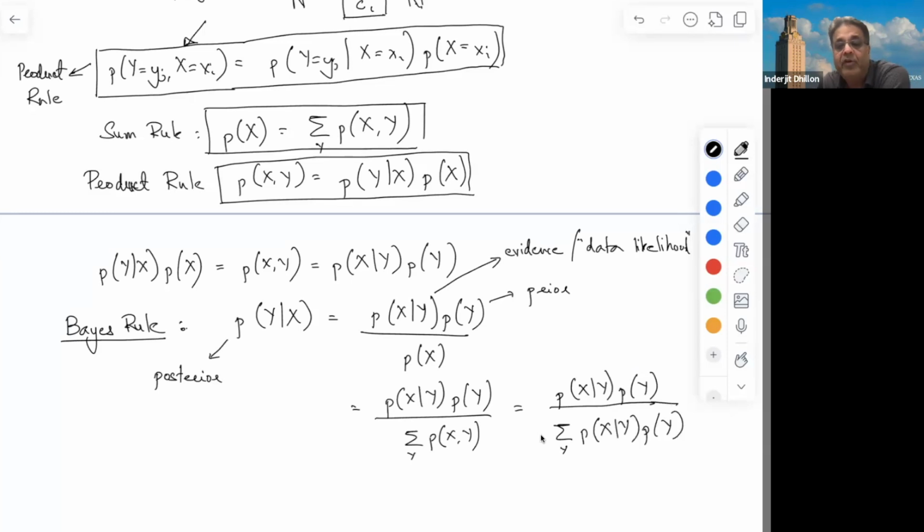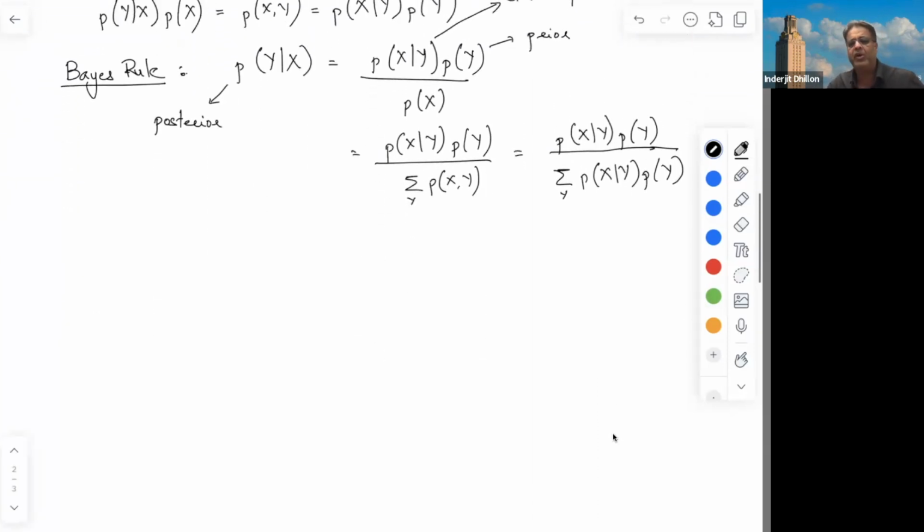Okay, so you can see that the numerator is one particular x equal to x, and the denominator is summing over all the particular y's. Okay, so that is Bayes' rule that comes up quite a lot.